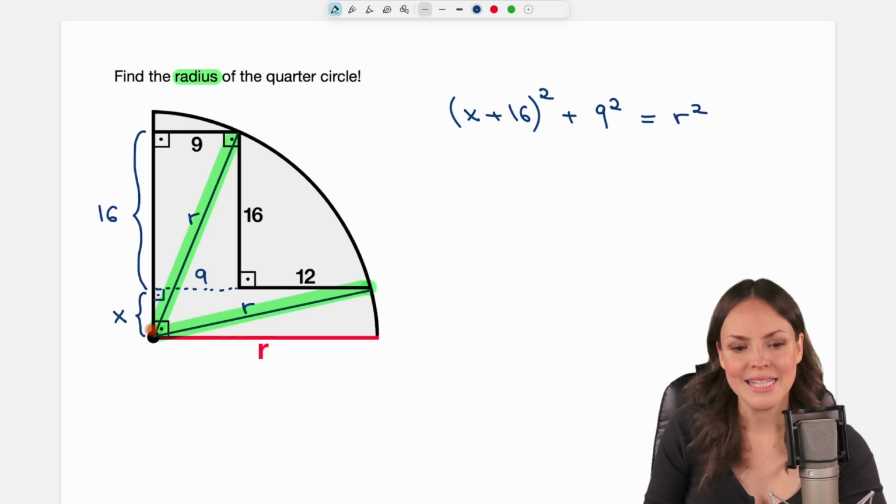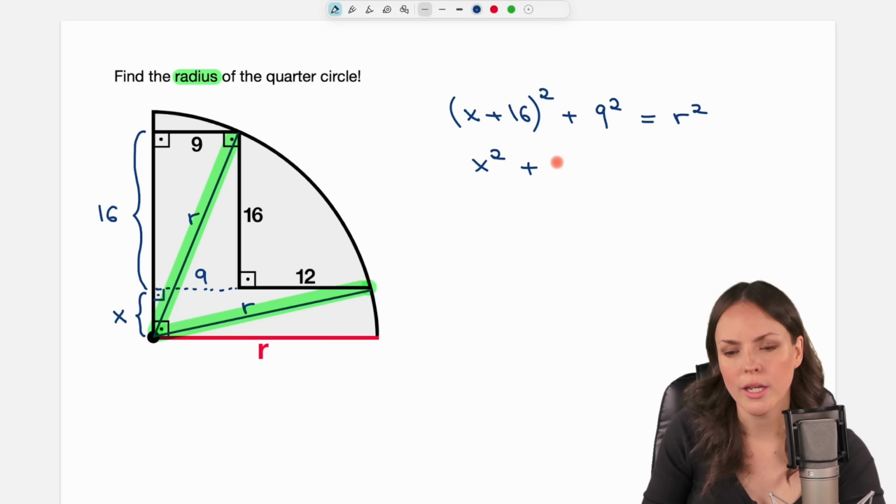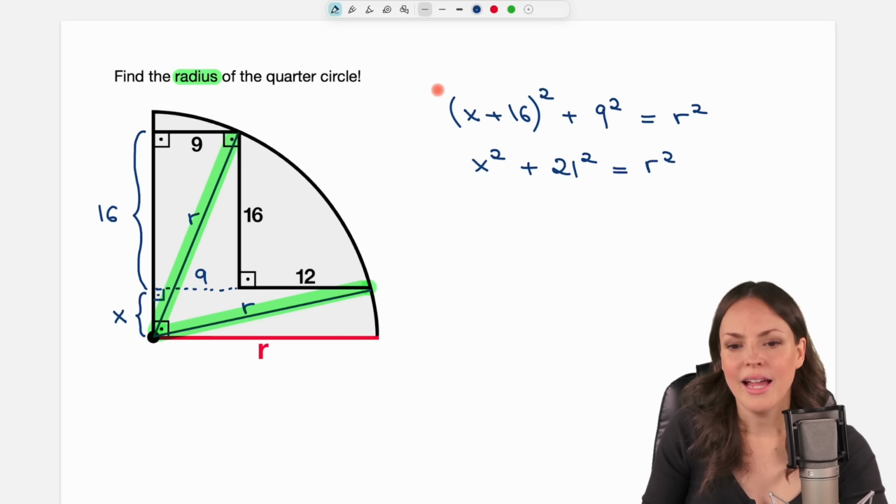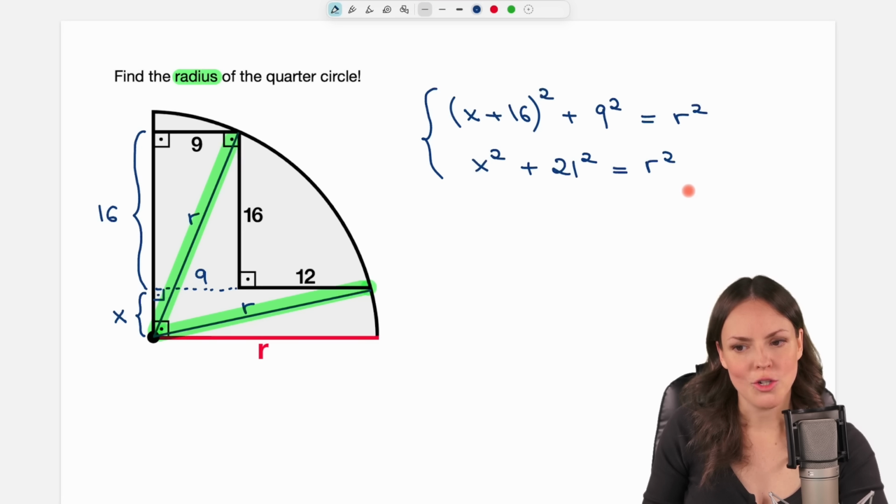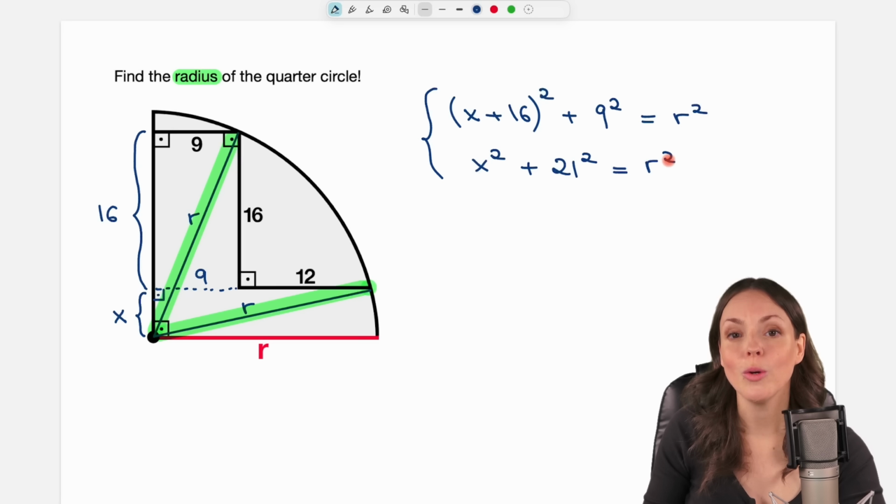So I take one side and square it, x squared, plus I take the other side and square it, which would be 21 squared. And then I get my hypotenuse squared, so r squared. And this is a system of equations. Two equations, two variables. We should be able to solve this.